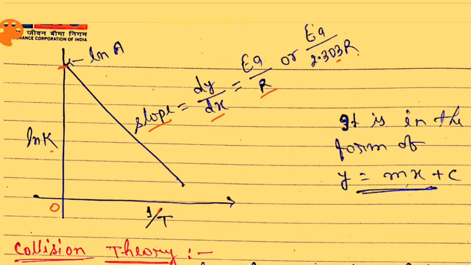So the slope determines the value of Ea by R or Ea by 2.303 R. Here ln is written, so we only have to write Ea by R. If log on base 10 is written, then we have to write Ea by 2.303 R. But here I have written ln K, so the slope indicates Ea by R. Is it clear?